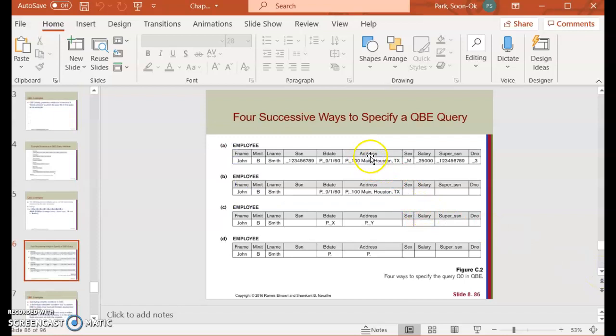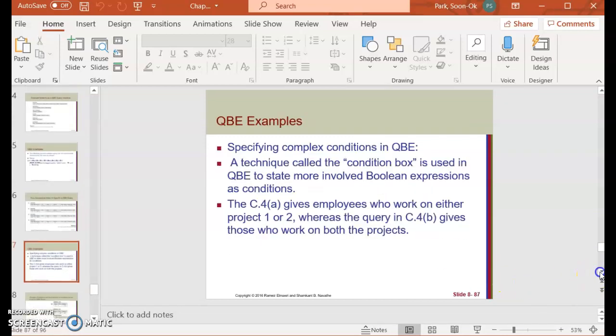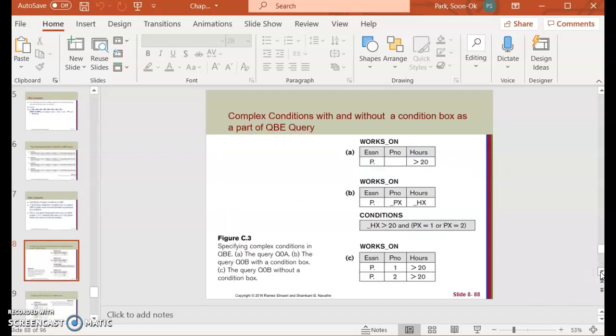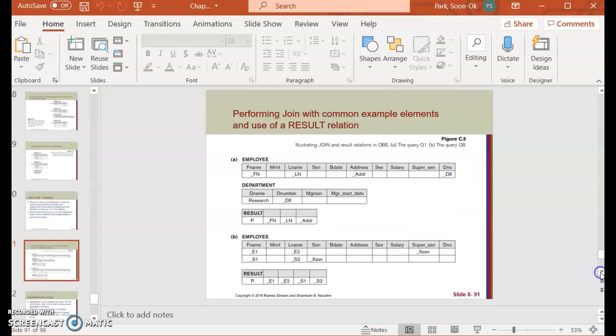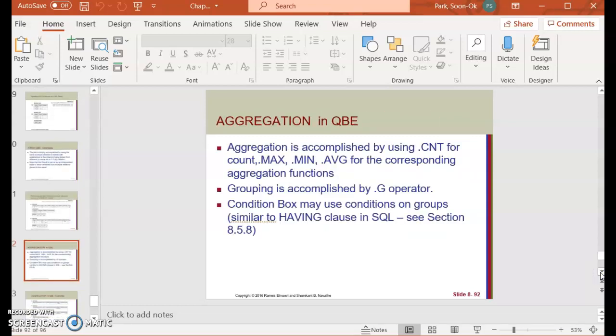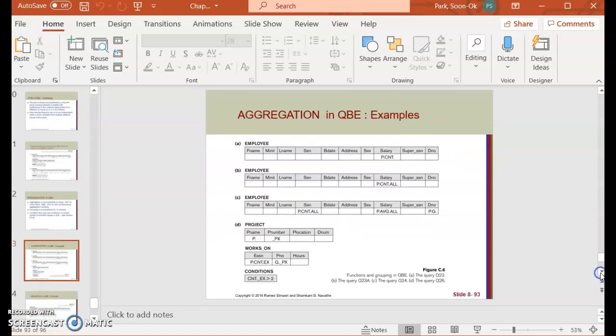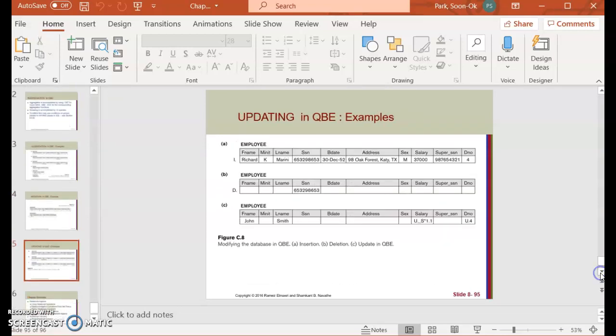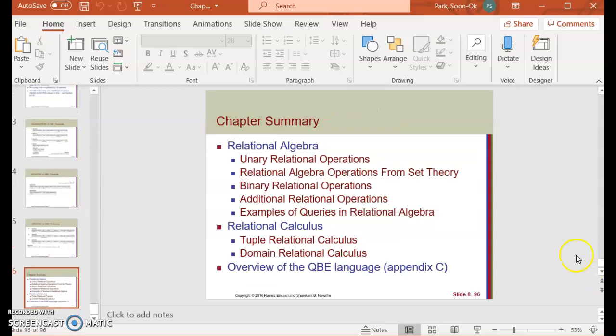Under the attribute you fill in some condition to meet the criteria. That is query by example, as demonstrated. Aggregate functions can also be applied in domain calculus. So please review this calculus and relational algebra for doing assignment number 3.